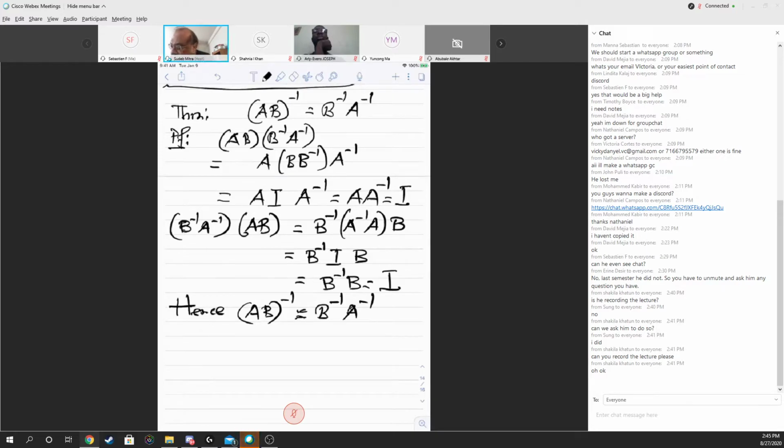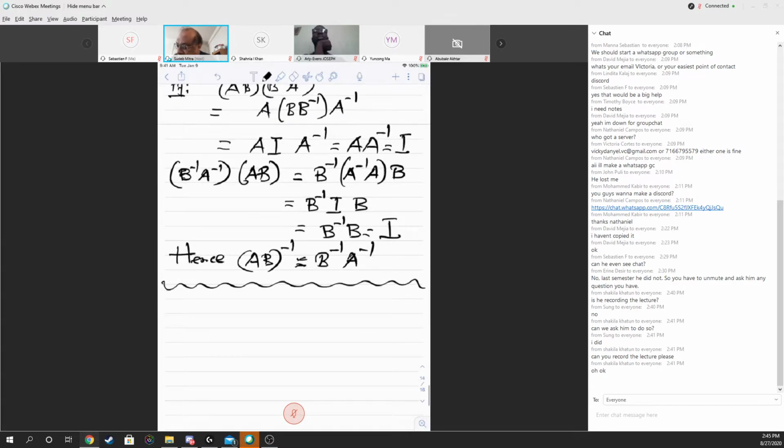So these two properties are very important, very important and useful properties. AB inverse is B inverse A inverse.